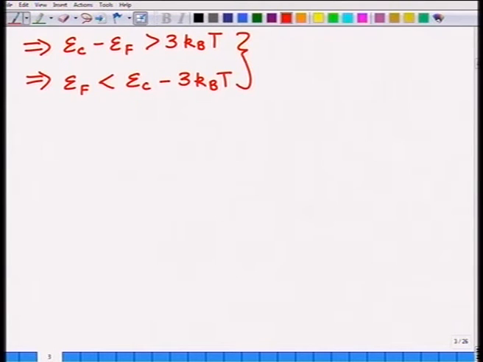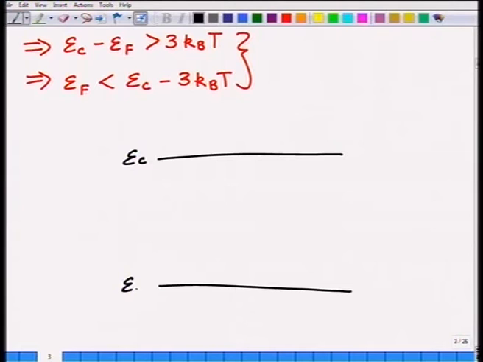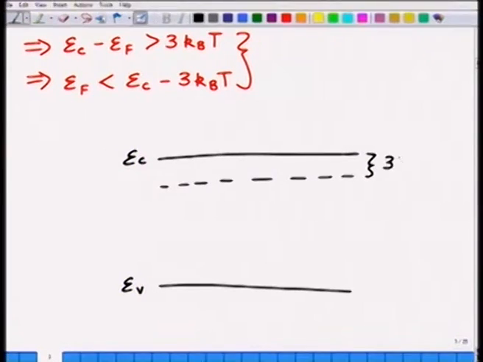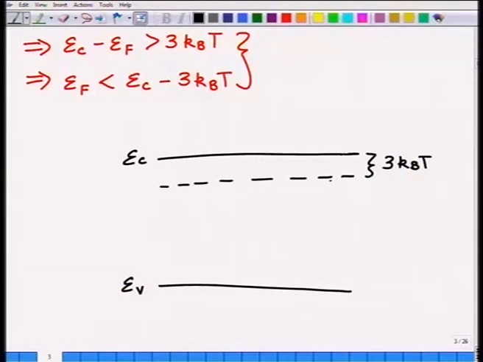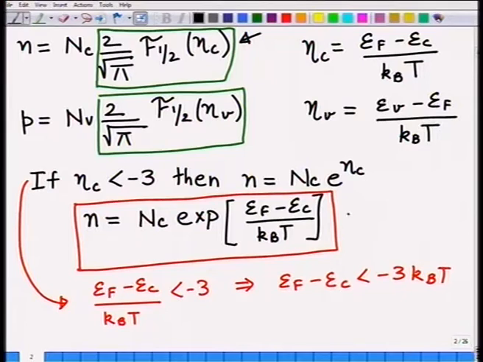What that means is that if I plot this band diagram, with this being E_C and this being E_V, as long as the Fermi energy lies 3 k_B T below the E_C level, that is, as long as E_F lies below this, then this approximation can be used, and n will be given by this.